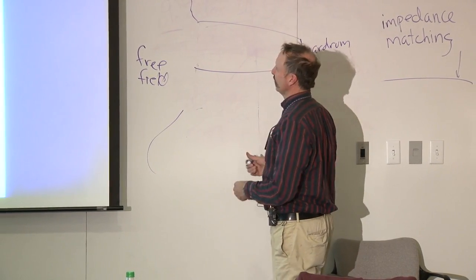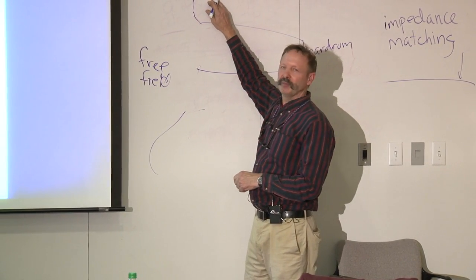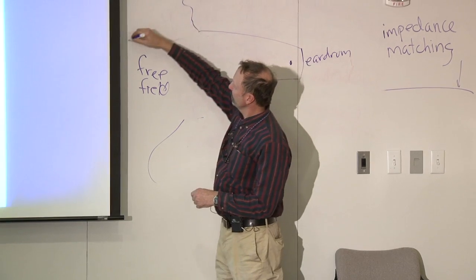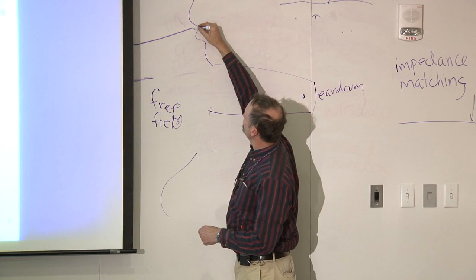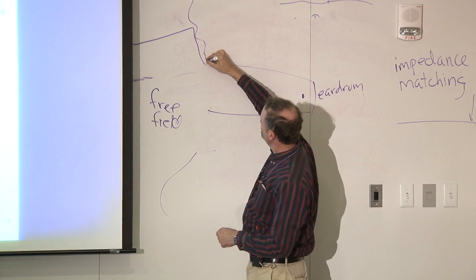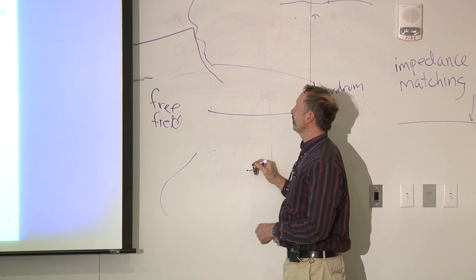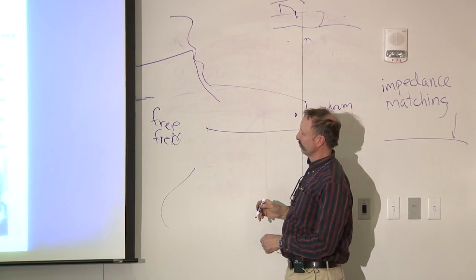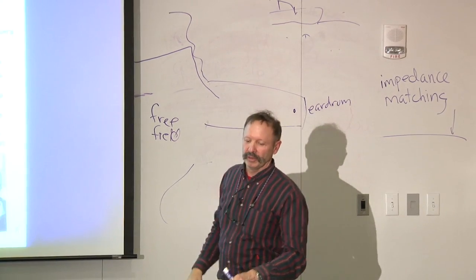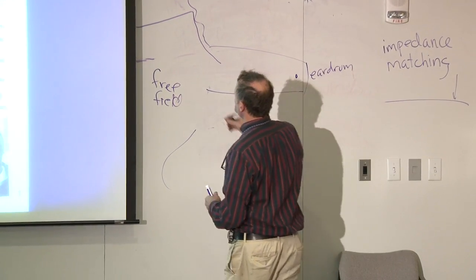Well, because the pinna is very complicated, you can imagine that some sound comes in and strikes the pinna and reflects off it. And maybe it reflects, excuse my artistic abilities here, into the ear canal. Contrast that with other sound that comes straight in.